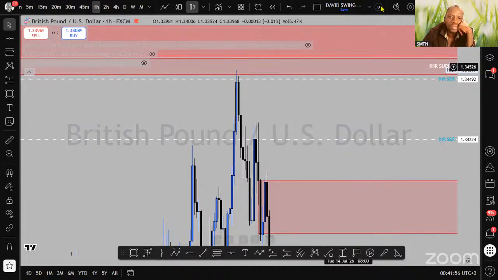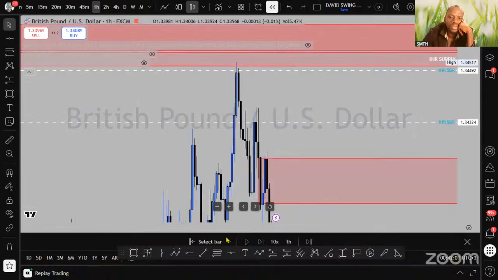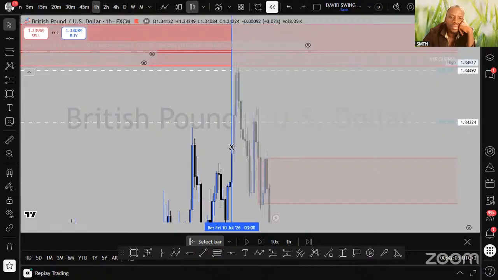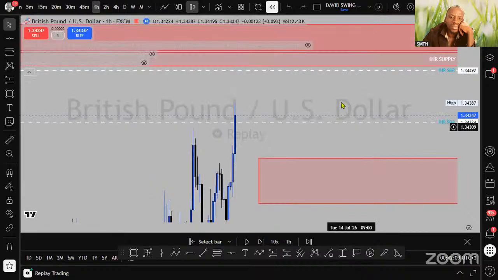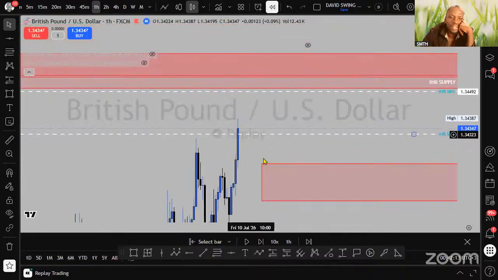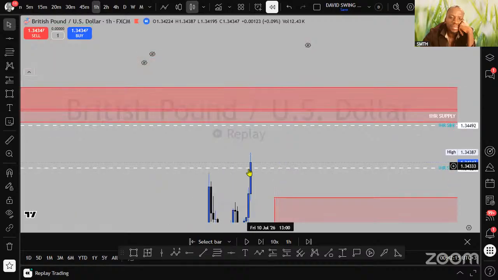Okay. Let me do one for you. And my trade had just come like a close above this. What am I expecting this trade to do?